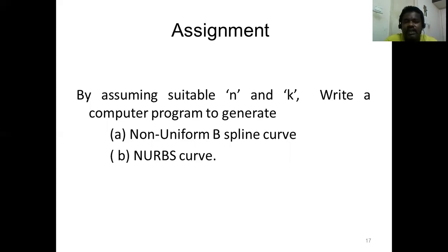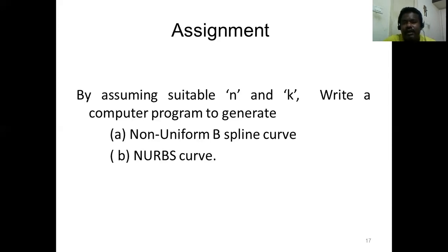Assuming suitable n and k, write a computer program to generate a non-uniform B-spline curve. Again, I am insisting it's not for all. Whoever is interested, you can generate it. After generating, you can share it with the class, including me also.